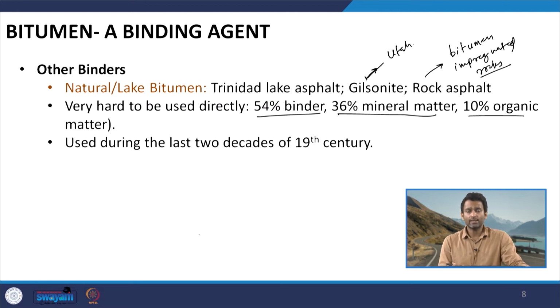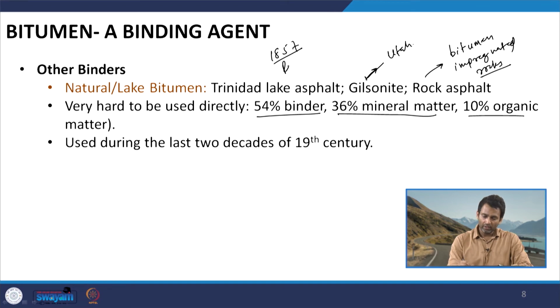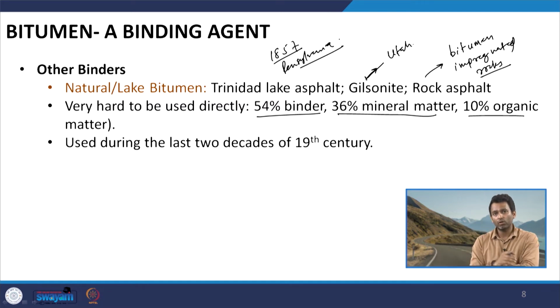One of the good examples of construction done using the natural bitumen, specifically the Trinidad bitumen, is in 1857 in Pennsylvania. There they made the surface layer of the road using Trinidad bitumen and clean angular sand, which they also call sheet asphalt, and this is one of the first bituminous roads constructed.